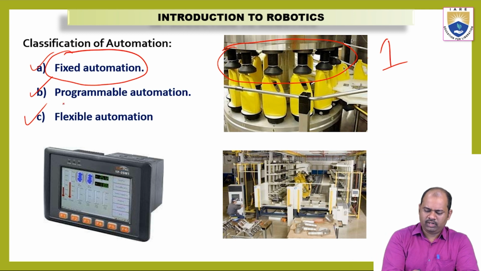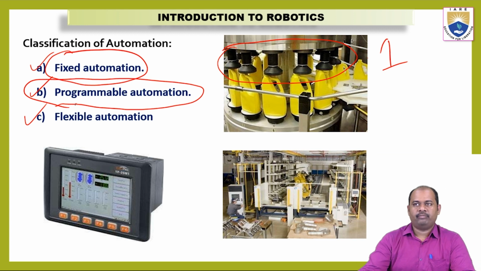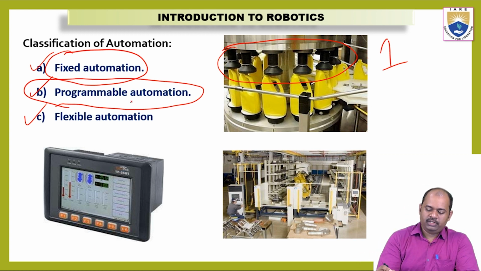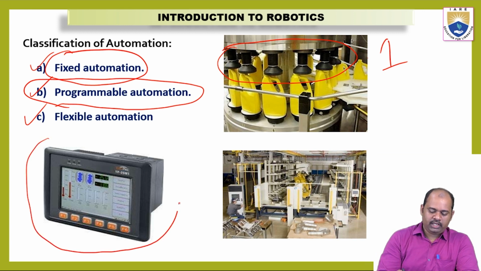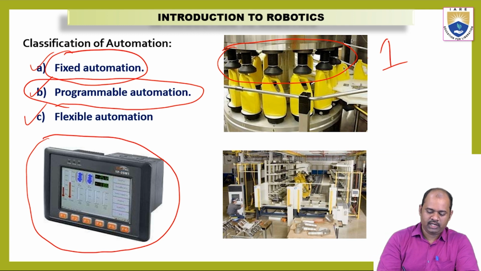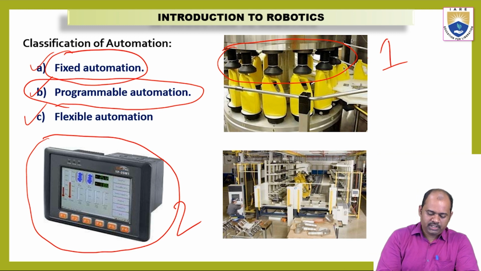And then the second one, programmable automation. Programmable automation is where we can give codes accordingly to the machine. We can see this in the second picture. Here we can give the program in this control panel. We can give the codes into this panel and make the machine work.